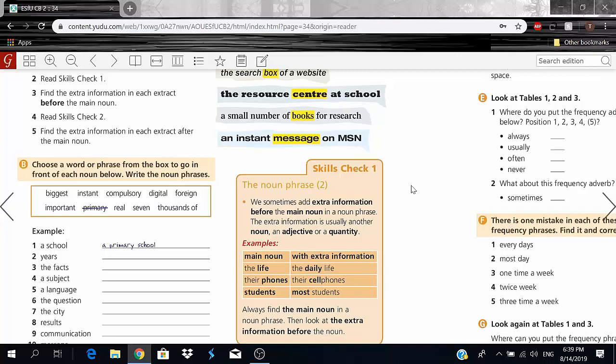Okay? So we sometimes add, one more time, extra information before the main noun in a noun phrase. And it's either a noun, an adjective, or a quantity. So for example, here we have the main noun, and here we have the extra information. So the life, the daily life, their phones, their cell phones, students, most students.